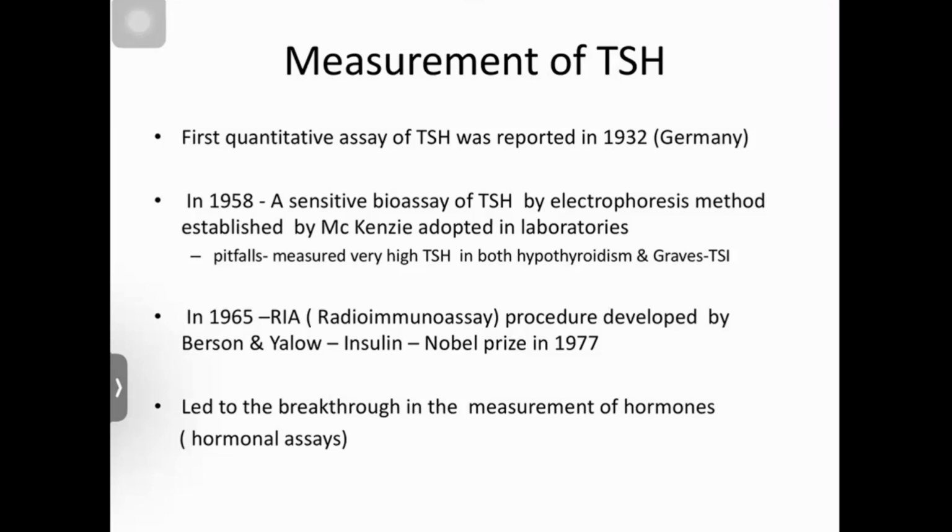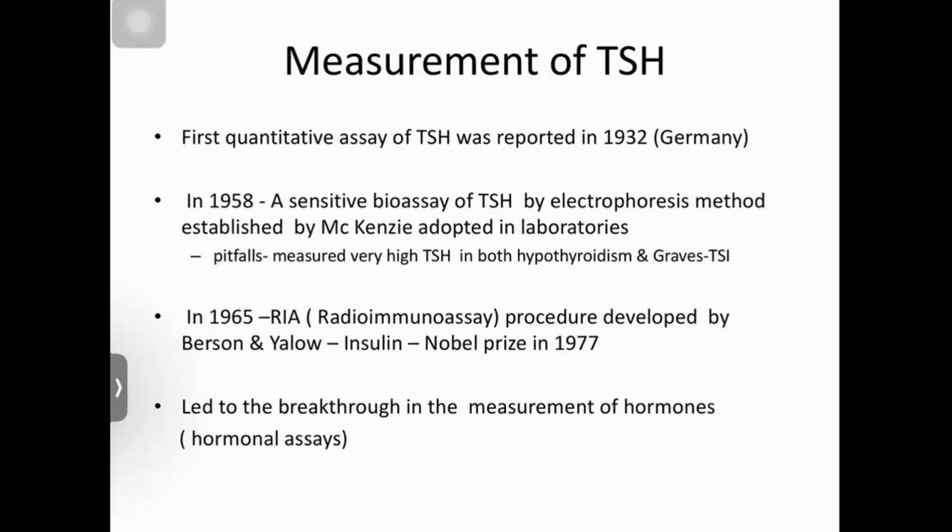So this was actually replicated in laboratories and was adopted by many laboratories at that point of time. The problem was, as you know, how electrophoresis behaves: you have an electrical field across which the TSH has to move either to a positive or negative charge, depending on the ionic charge that it carries, and based on the weight of that TSH, it will move to a certain distance and stop. So there was no sensitivity in the sense that they could not differentiate between a very high TSH or a thyroid stimulating immunoglobulin.